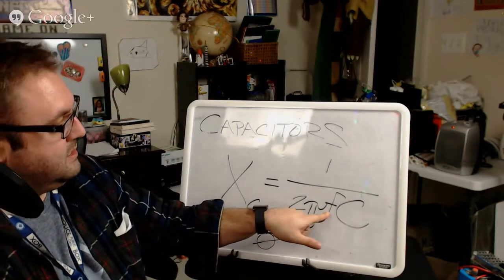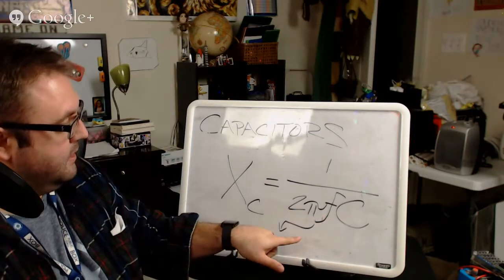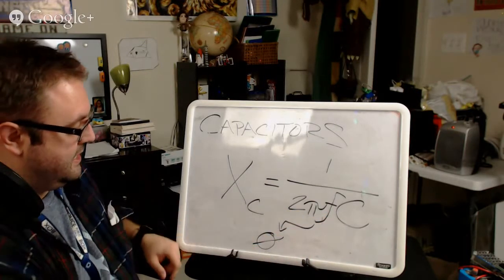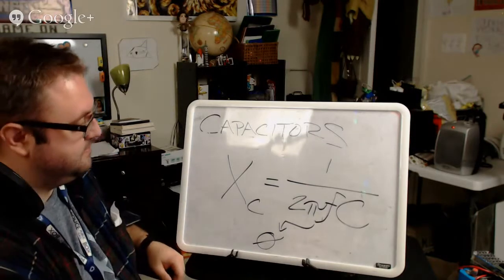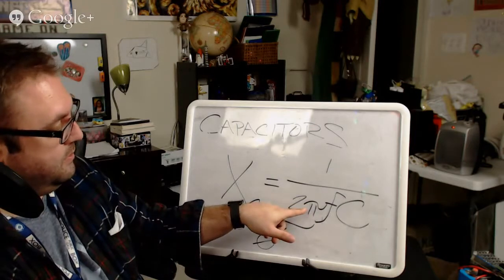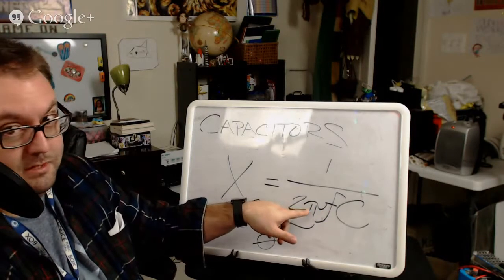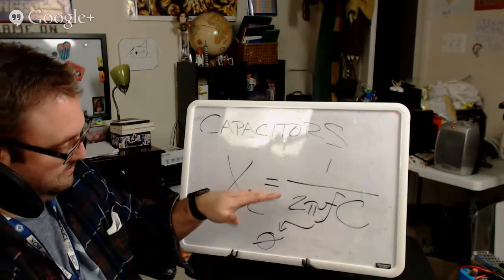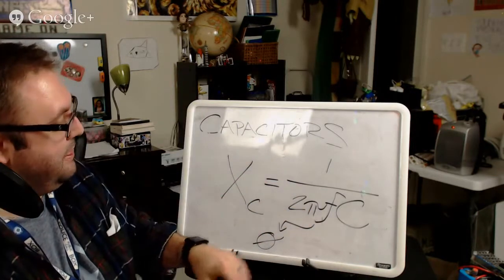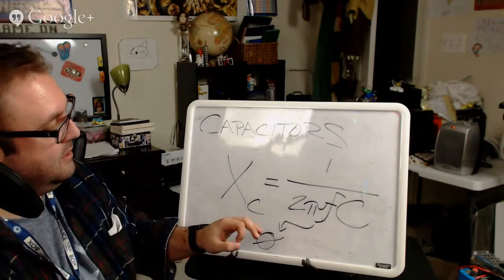So this number gets really, really small as it approaches 0. Obviously 1 over 0 is undefined, but as it approaches 0, it gets really, really small.